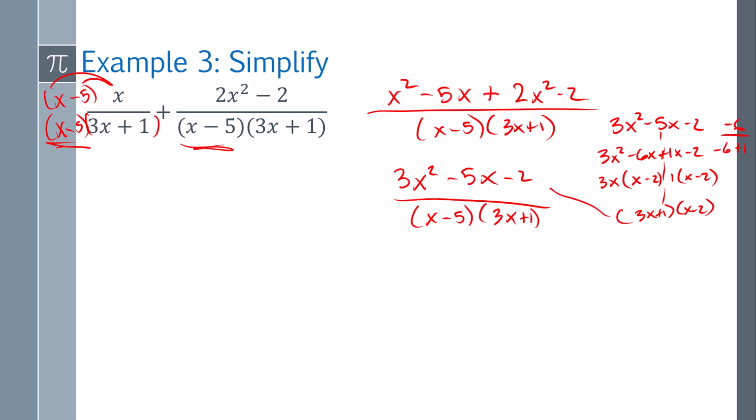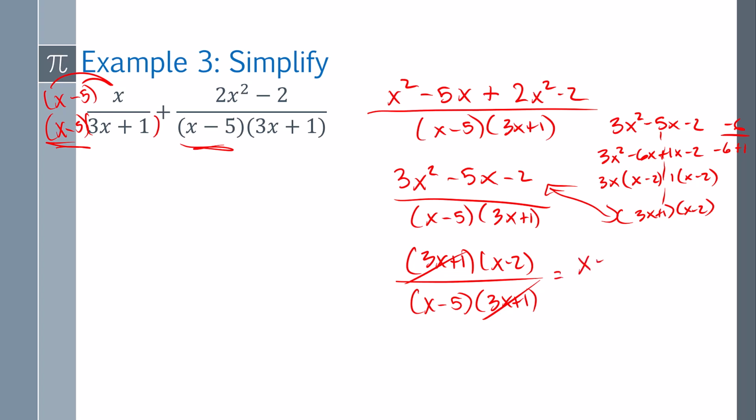So it does factor, so that's what that factors into. And so then those cancel out, and you're left with x minus 2 over x minus 5.